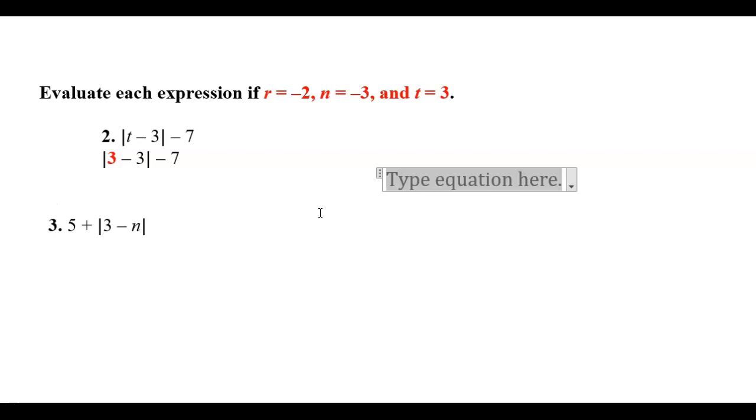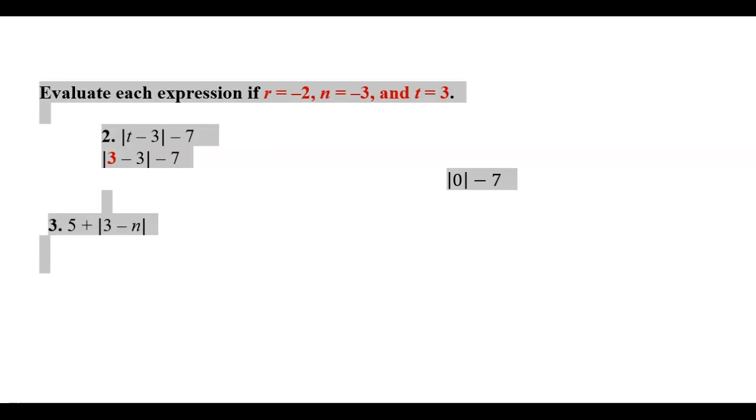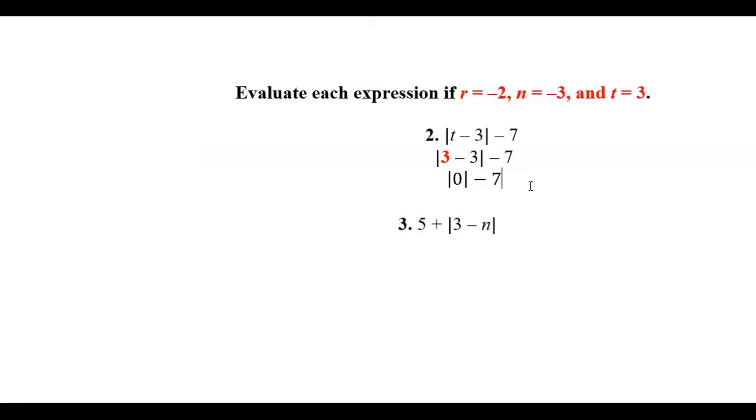The absolute value of 3 minus 3 is 0, and we get the absolute value of 0, minus 7. The absolute value of 0 is 0, so we get 0 minus 7, which is negative 7. So the answer to number 2 is negative 7.